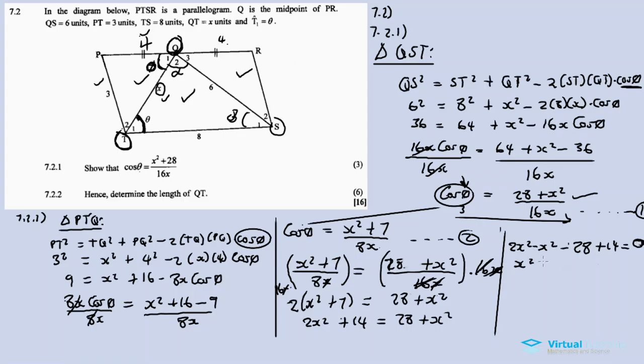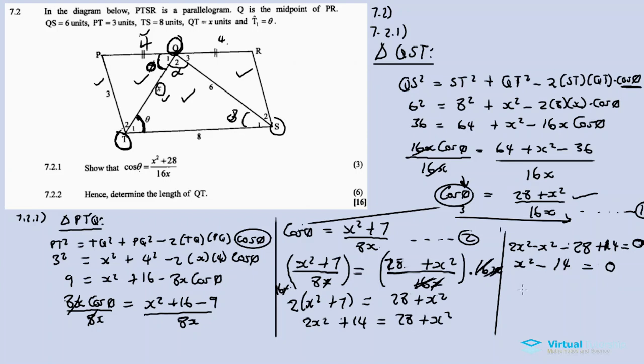So we have x squared, and then negative 28 plus 14 gives negative 14, equal to 0.